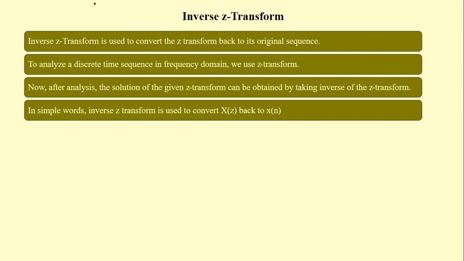So when we have to find out the solution of any Z transform, for example, if you have a sequence, let us say xn, for example, this is 1 and 0 and 2 and 1, like this, right? Now, if you have to find out its Z transform, then its Z transform will be obtained by using the standard formula.